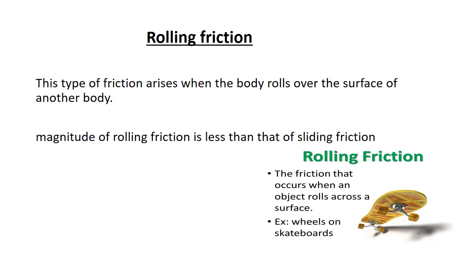This direct relationship will be up to a certain value, up to a limit. After that value, as we know about limiting friction, there will be a decrease in the force of friction when the body comes into motion, and after that the force of friction will remain constant in case of kinetic friction.